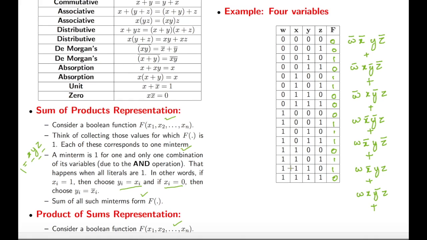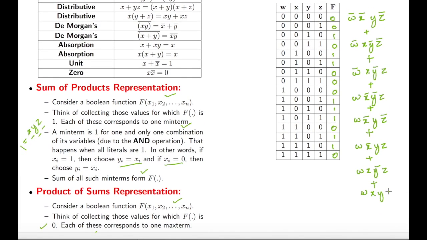And plus w, x, y, z bar. Okay, so we have 1, 2, 3, 4, 5, 6, 7, 8 terms. The number of ones should correspond to the number of minterms we have.